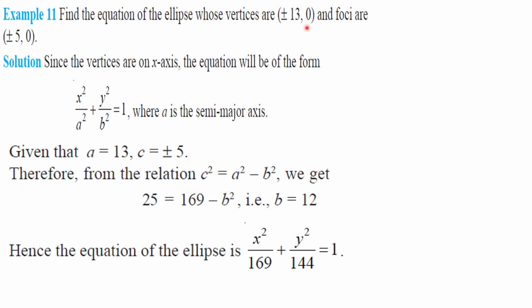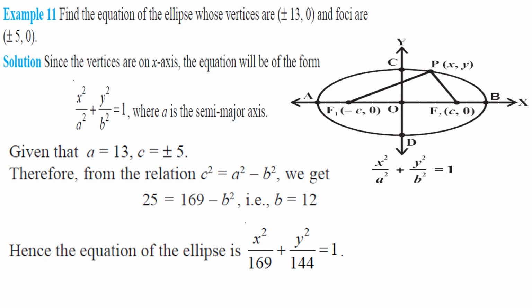Here the y coordinate is 0. These points lie on the x-axis. Yes or no, my children? Here also the y coordinate is 0. So these 2 points lie on the x-axis and these 2 points also. So vertices and foci lie on the x-axis. Yes or no, my children? Right.